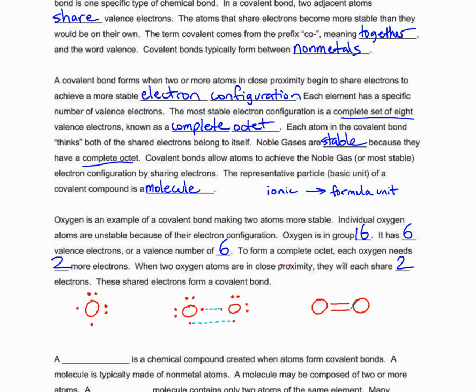And here's a second covalent bond, which is another 2 shared electrons. Now, each of these oxygens thinks that these two belong to itself, and these two. And then they have some that they're not sharing. So this oxygen on the left has 1, 2, 3, 4, 5, 6, 7, 8, just like it wants. It's sharing 4 and it's keeping 4 to itself. Same thing with the other one: 1, 2, 3, 4, 5, 6, 7, 8.